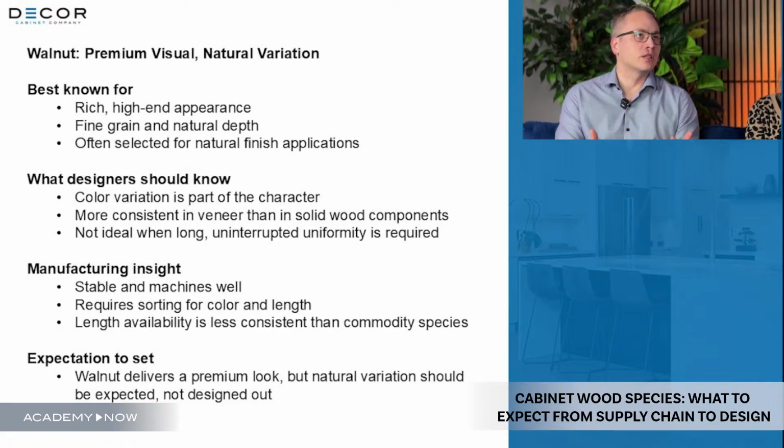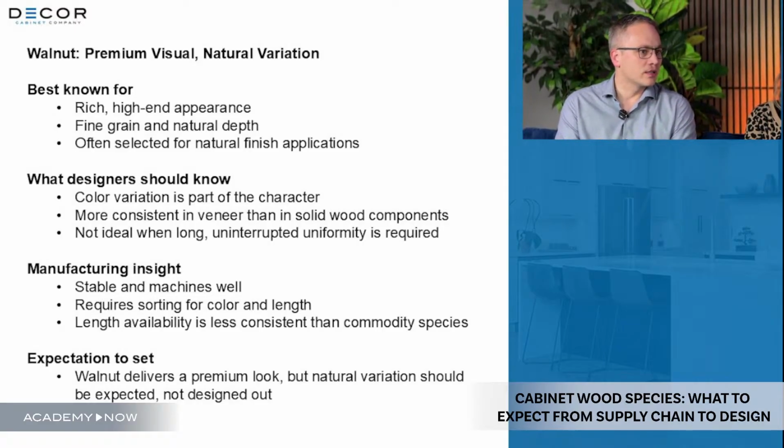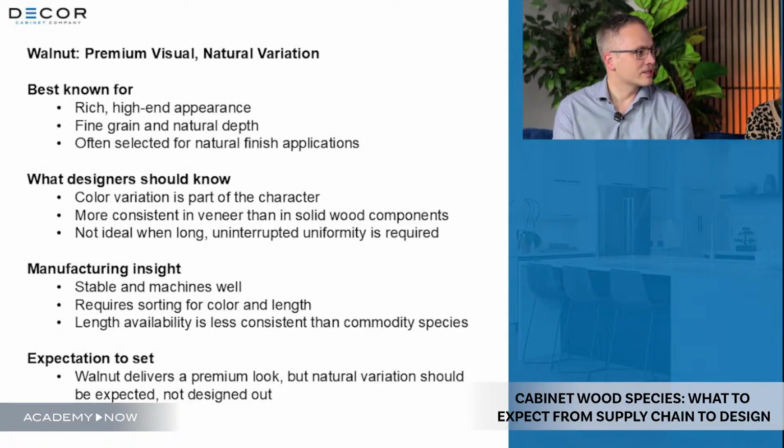The difference between veneer and solid wood in walnut is that the veneer is usually more consistent in color because of how it's selected, and the solid wood can vary quite a bit. Sometimes you get a really light piece and then a dark piece. With walnut, that is very much the case.